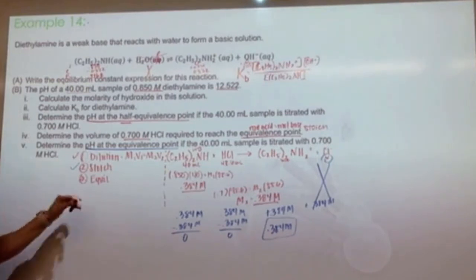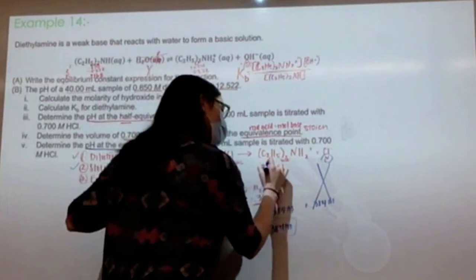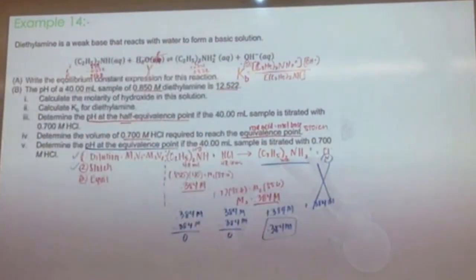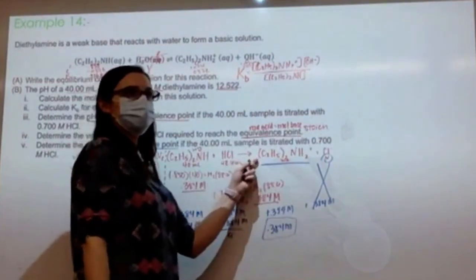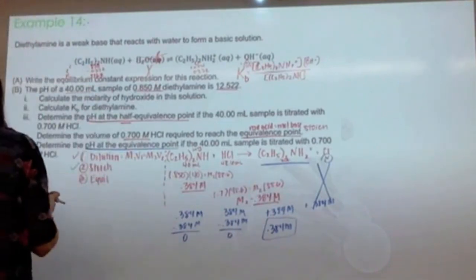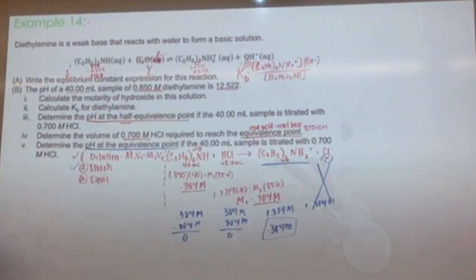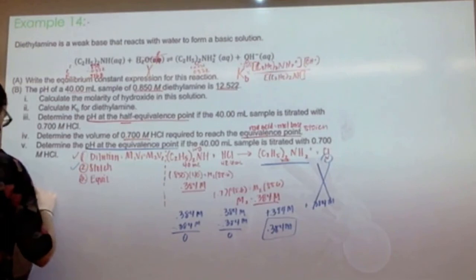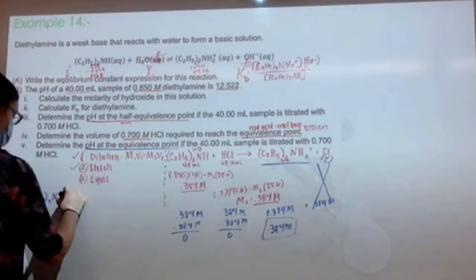The last thing we have to do with equivalence point is focus on the equilibrium. The reason we have to focus on equilibrium is because this is a weak acid. So if we look at what this is like in the container, this is a weak acid. We know it's a weak acid because it's the conjugate acid. So if we have just this weak acid in the container, and you can include water if you want, we have C2H5NH2+.